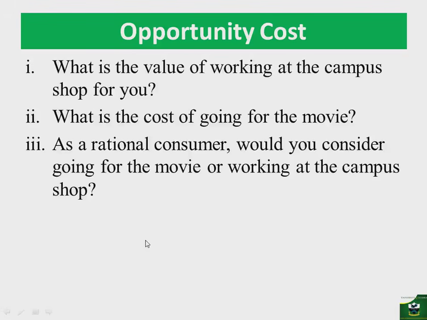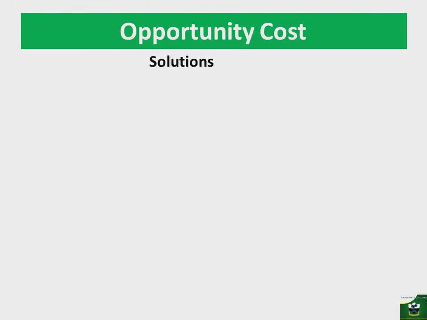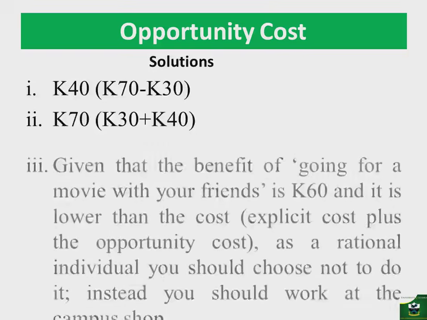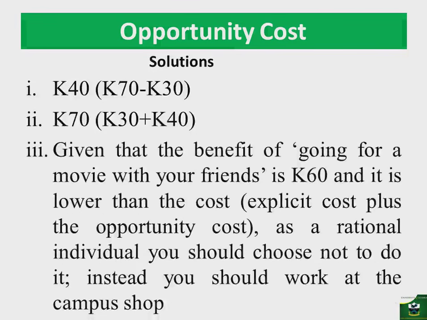Given that the benefit of going for the movie with your friend is 60 and it is lower than the cost, which is the explicit plus the implicit cost, as a rational individual, you should choose not to do it. Instead, you should work at the campus shop.